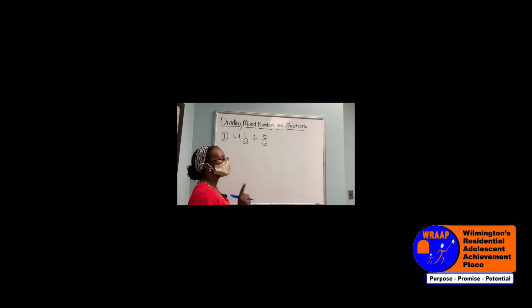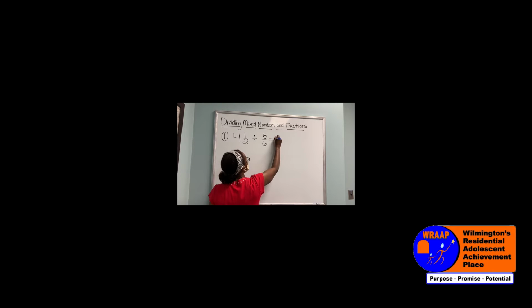So the first thing we have to do is turn this mixed number into an improper fraction, just so that we can actually do the division problem, okay? So that's what I'm going to do first.